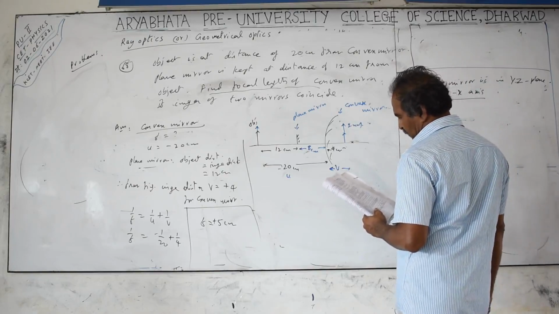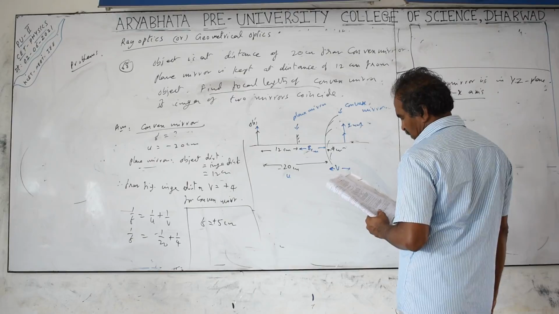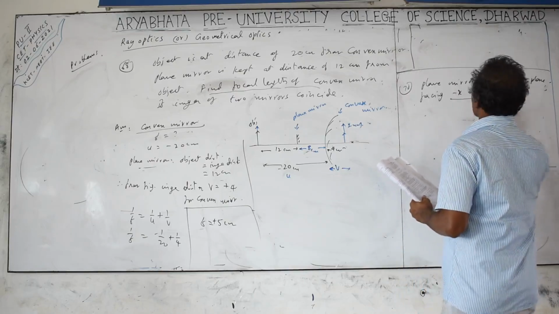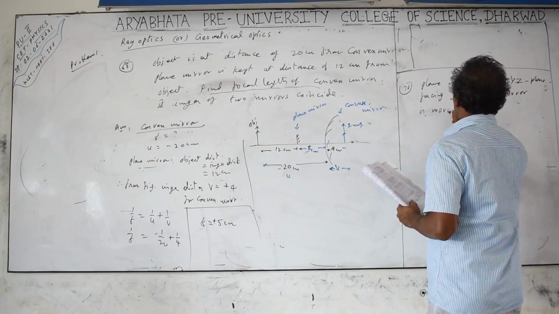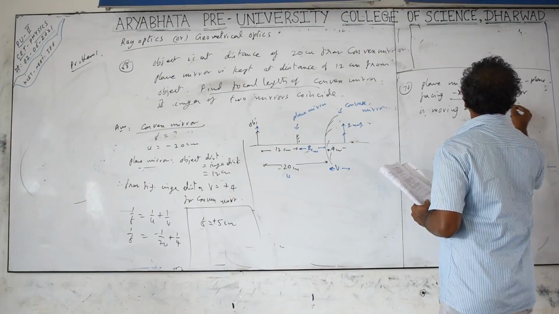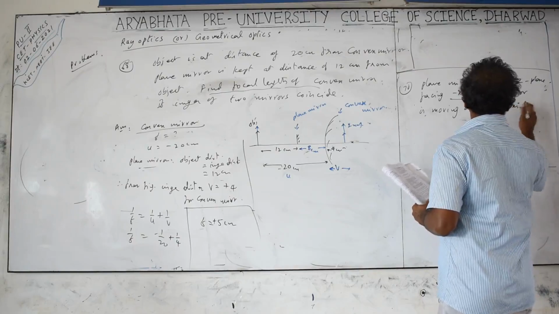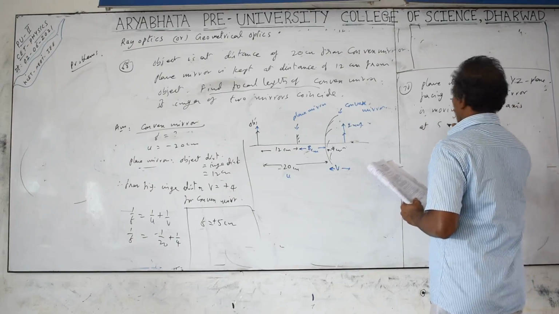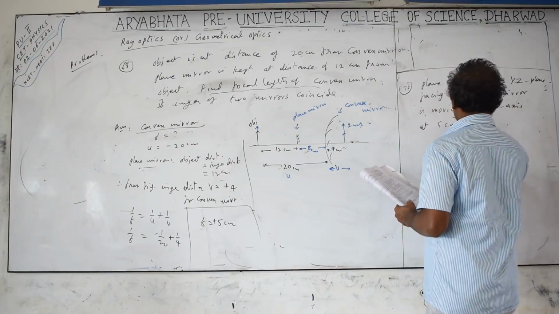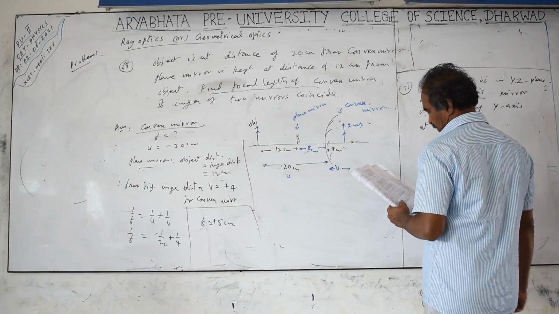Mirror is moving parallel to the y-axis with a speed of 5 centimeters per second. Mirror is moving along the y-axis at 5 centimeters per second.